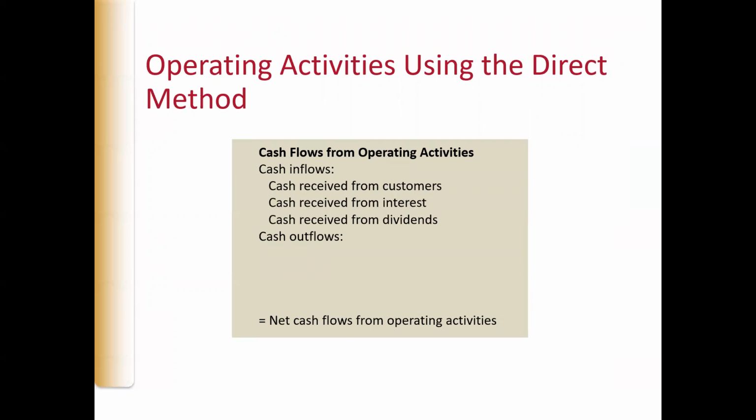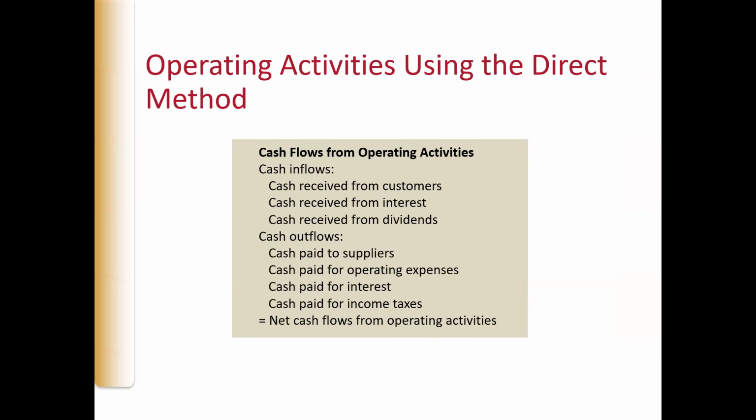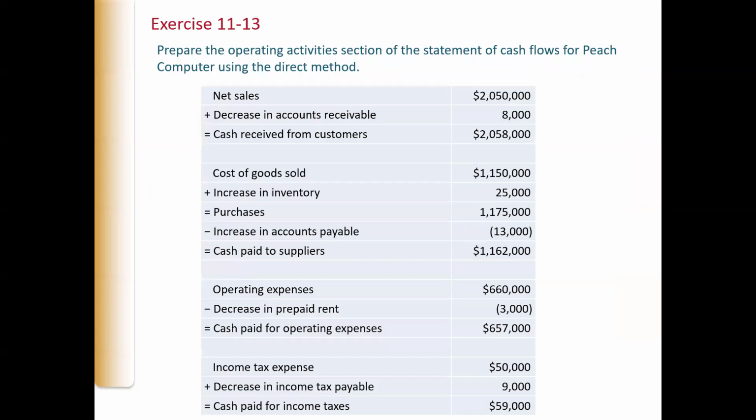So we show our cash inflows received from customers, from interest and from dividends, and then the outflows that are paid to suppliers for operating expenses, for interest and income taxes. So here you see, prepare the operating activity section of the statement of cash flows using the direct method.